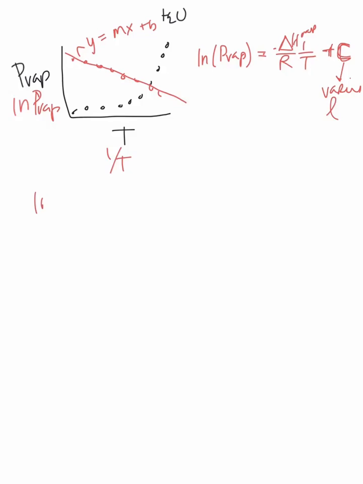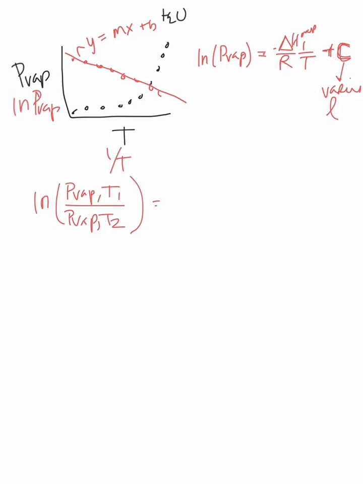We can take the natural log of the vapor pressure at T1 divided by the vapor pressure at T2. So now we have the natural log of the ratio of our vapor pressures at two different temperatures, instead of the natural log of one vapor pressure.